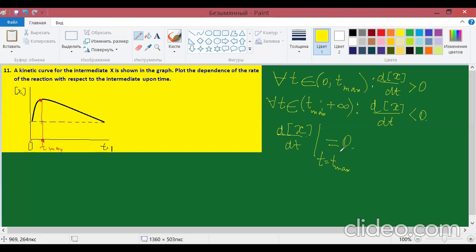The rate of the reaction is the change in the concentration of X with time, right? For that reason, we can draw the following. So now this is dx over dt.